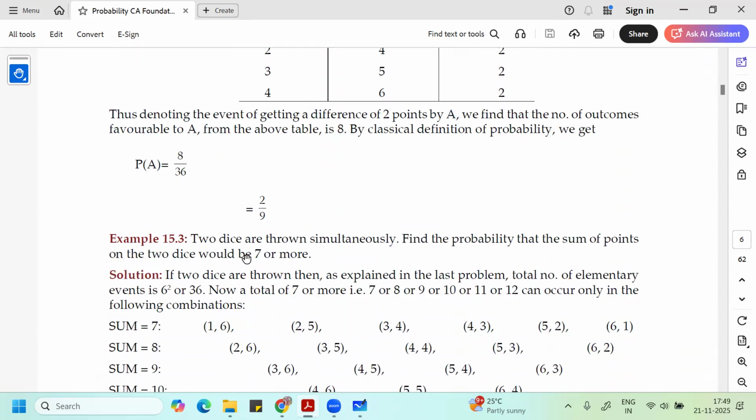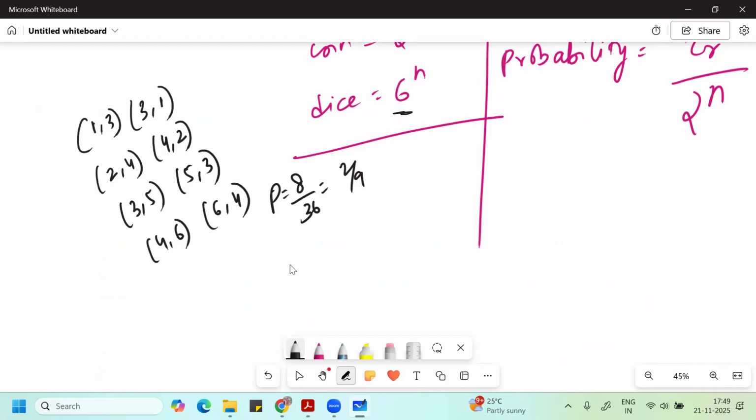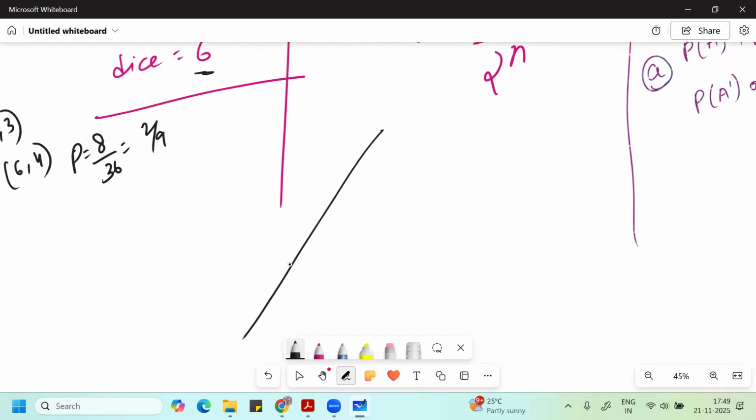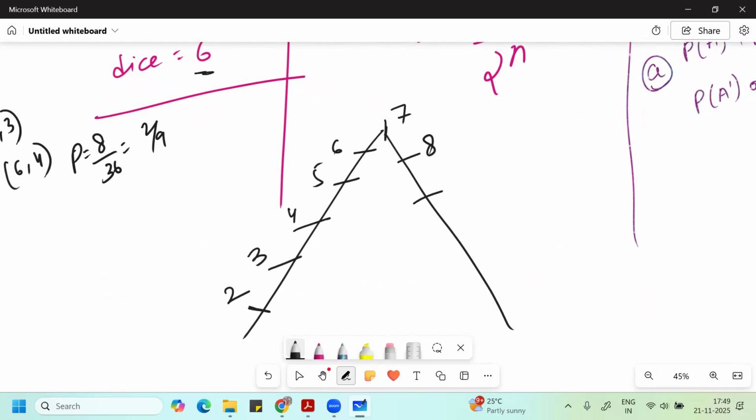Two dice are thrown simultaneously. What is the probability that the sum of the two dice would be 7 or more? Remember guys, whenever you're talking about two dice, the total outcome would be 36. And you will get the sum 2, 3, 4, 5, 6, 7, 8, 9, 10, 11 or 12.